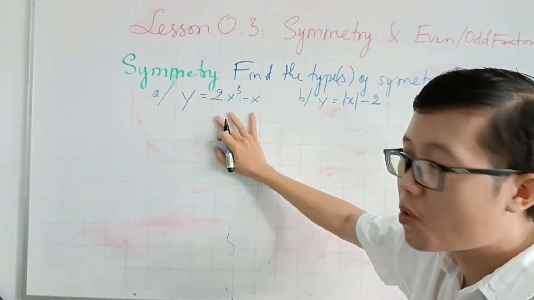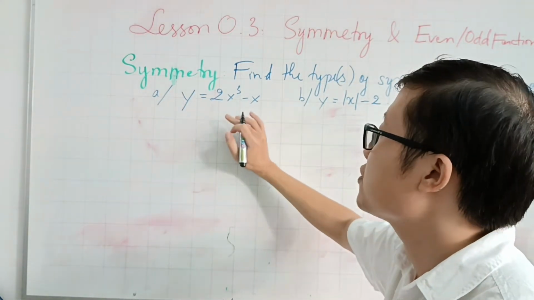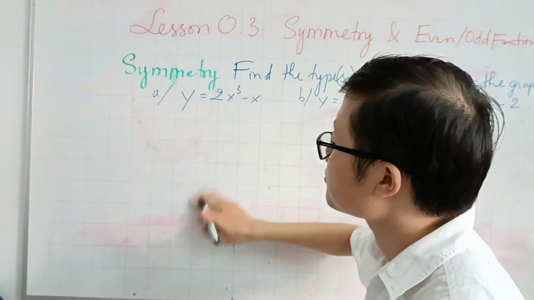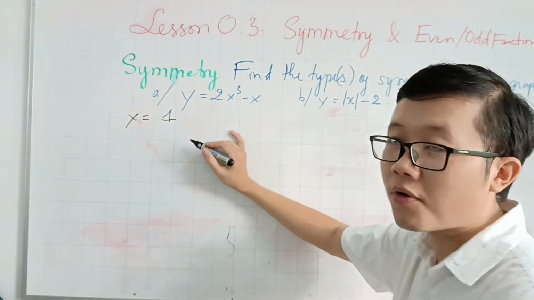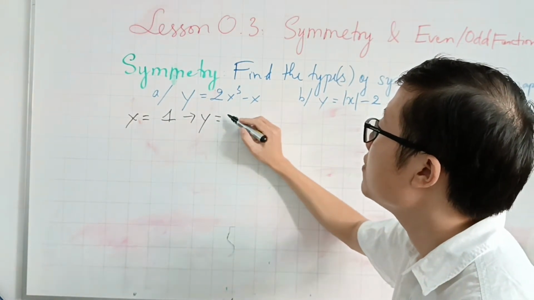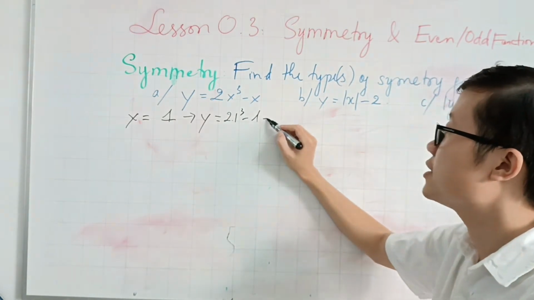You can choose one number to substitute for x, like x equals 1, and y equals 2 times 1 cubed minus 1, which is 1.